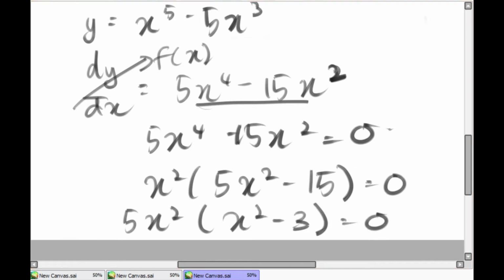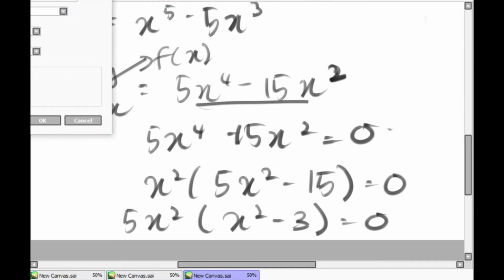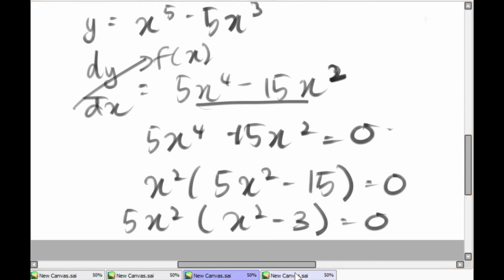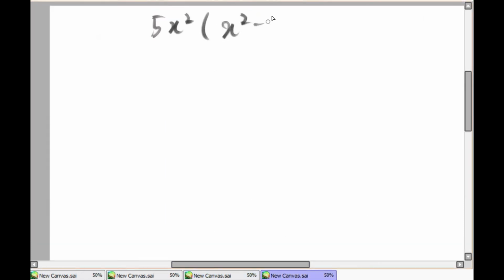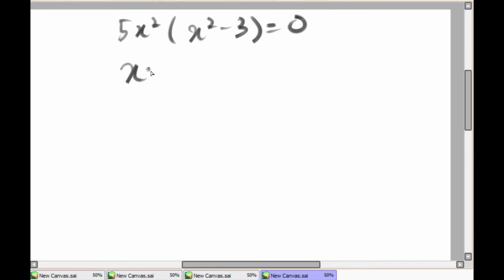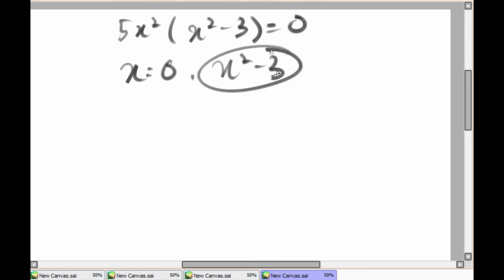Alright, I'll make a new page. Okay, from here at least one of the x's will be the value 0. So x squared minus 3, we'll have to solve this.